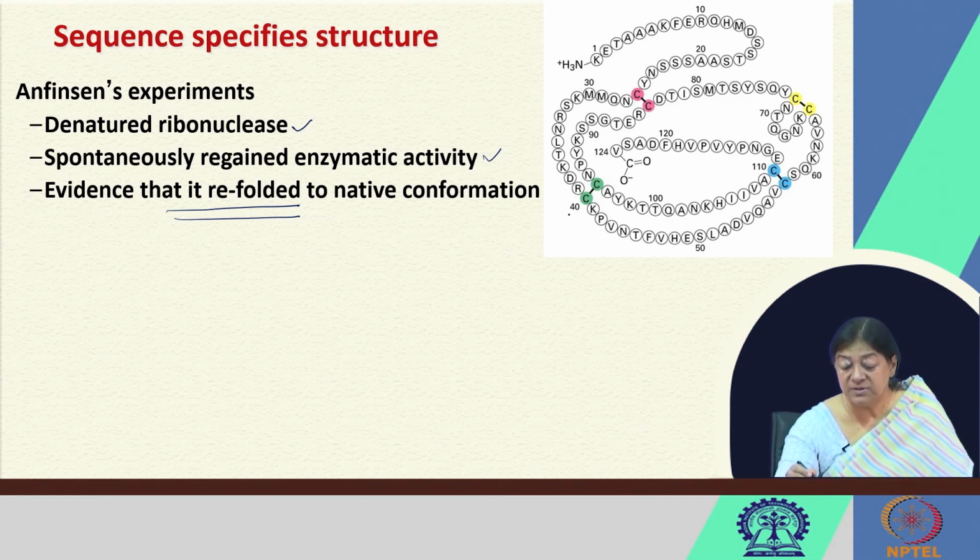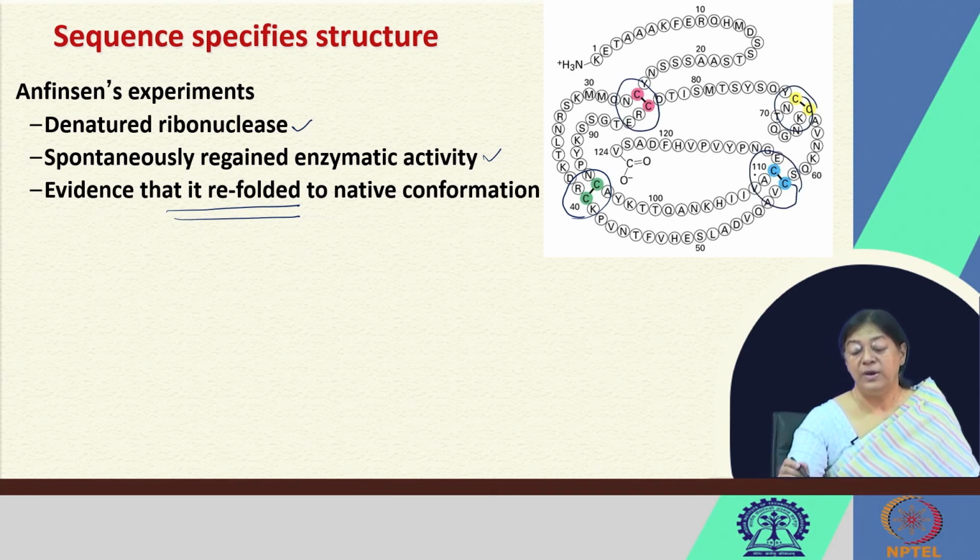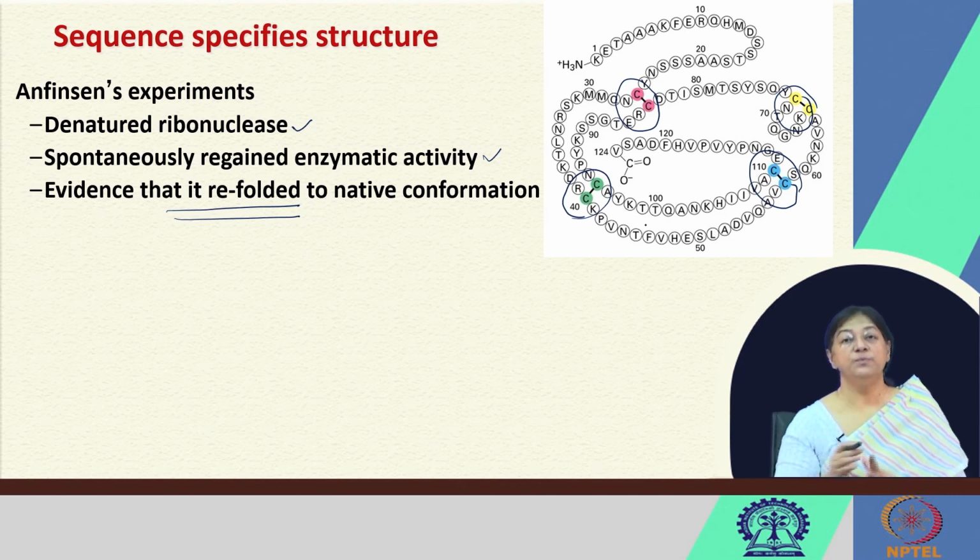The cysteines that we have marked here, the green, the pink, the yellow and the blue: when these bonds were broken and the protein was unfolded, the green recognized the green, the blue recognized the blue, and so on and so forth.